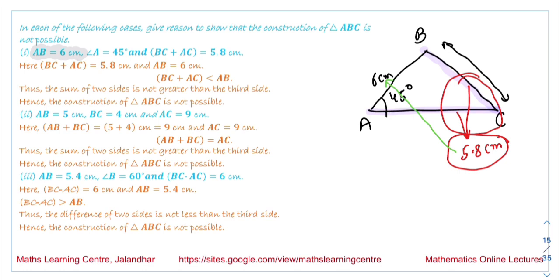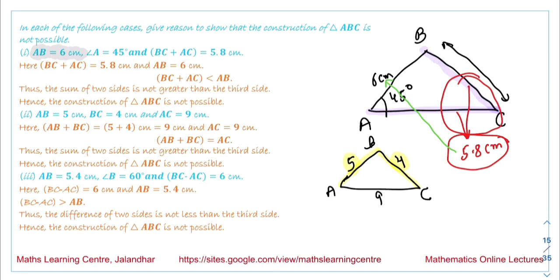Now second, it is AB is equal to 5. We have to construct the triangle ABC. AB is 5, BC is 4, and AC is 9 centimeters. Then what we see from this is that the sum of the two sides, AB and BC, this is 5 and this is 4 units.